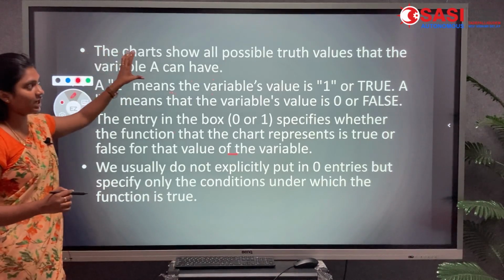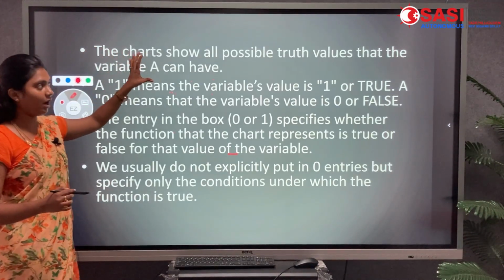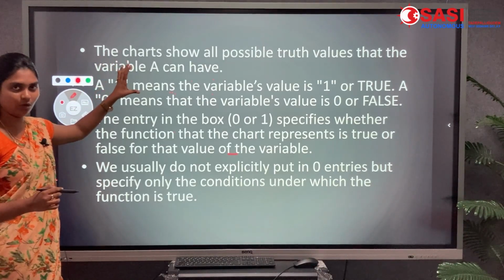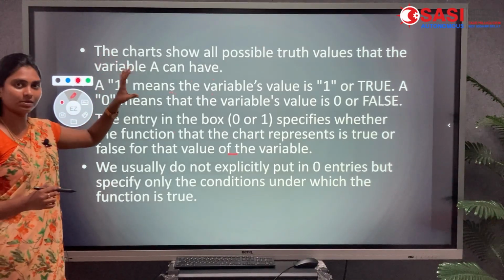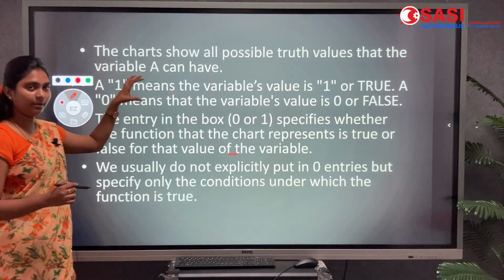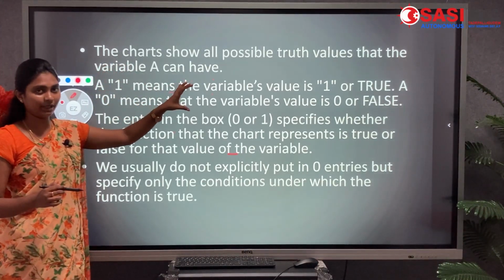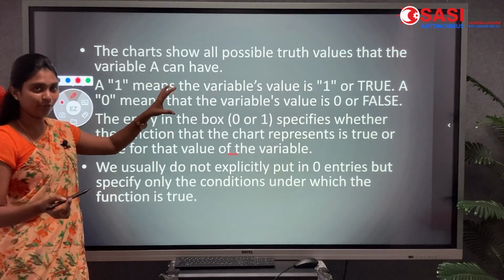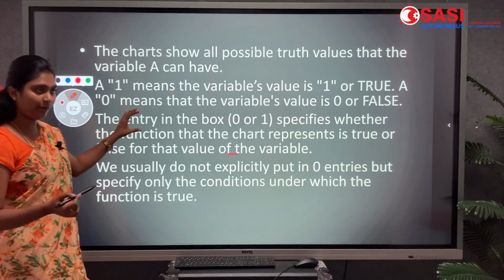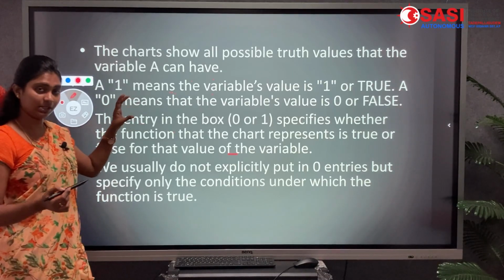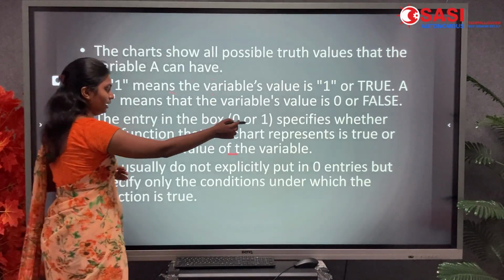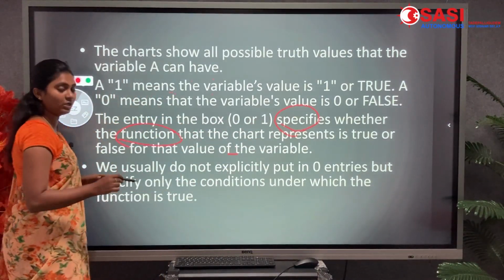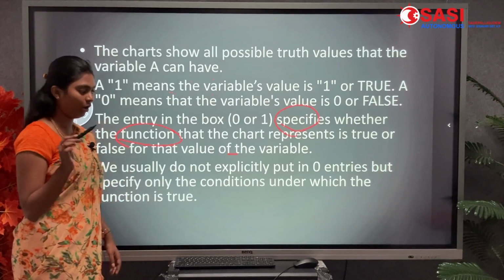If all the charts, all the truth values must exist. First point, all the truth values must exist. Second, 1 indicates the variable is true, and 0 indicates the variable may be false. Next, the entry point of the box may be 0 or 1, specifying that the function may be either true or false.